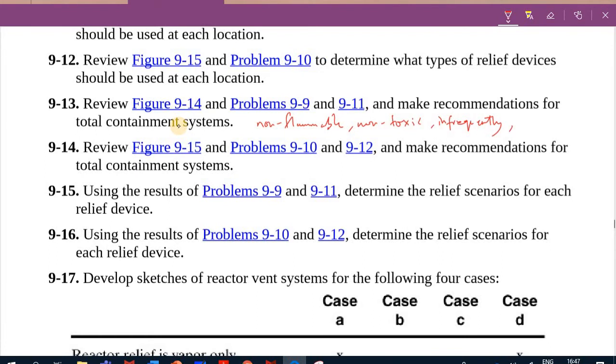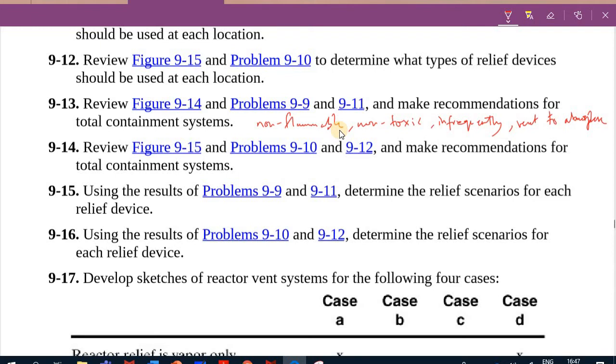So what will happen here? We vent to the atmosphere. There is a generic rule here. However, if it's flammable or toxic, that means we need a containment system like a catch tank.